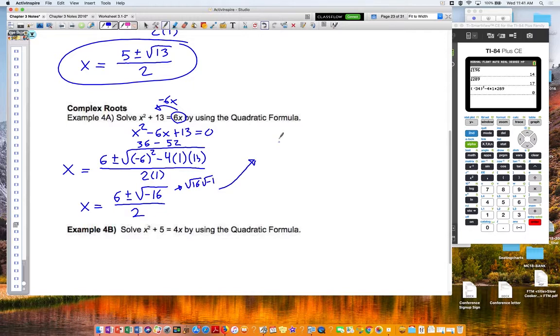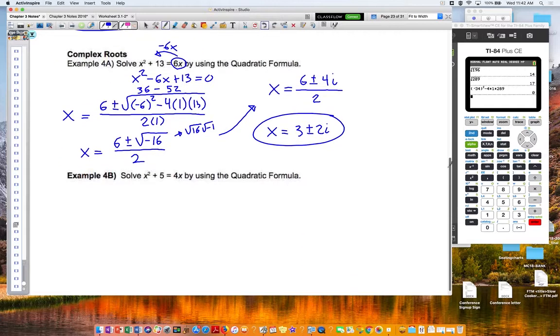So that tells me now I have x equals 6 plus or minus 4i, square root of 16 is 4, all over 2. So just like I did in the previous one, they're all divisible by 2. So when I divide them both by 2, I'm left with 3 plus or minus 2i. I have an imaginary solution. All right, pause the video and try example 4b.